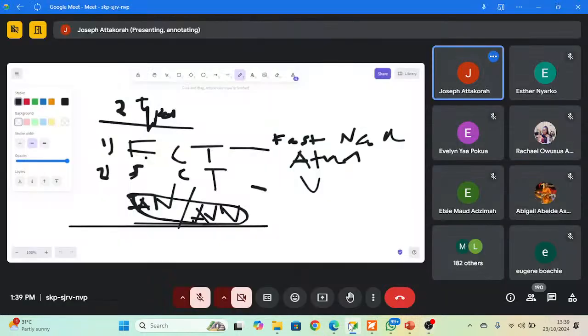So these are the three words that could be used to describe arrhythmia. The moment we mention an arrhythmia, we should figure the source, the origin. We should figure the rate.